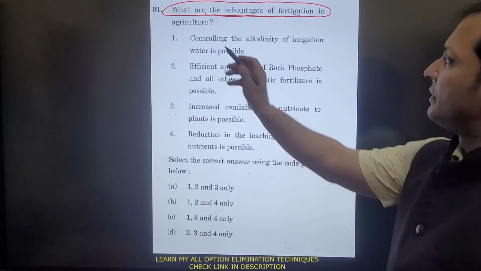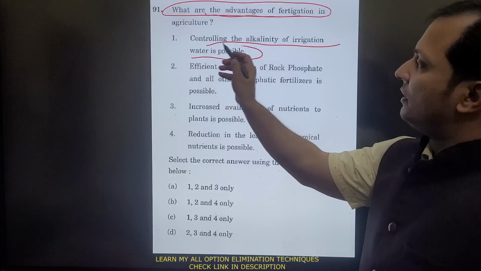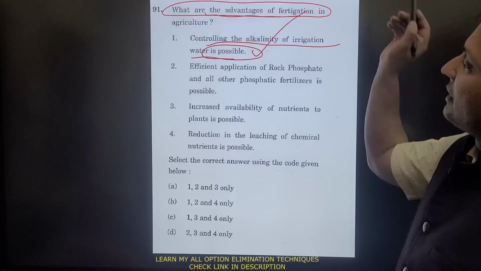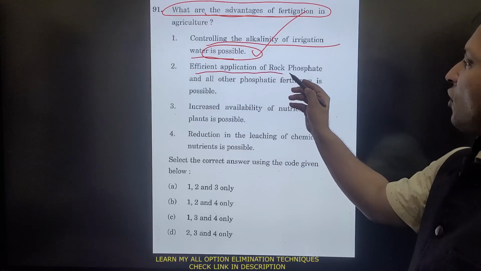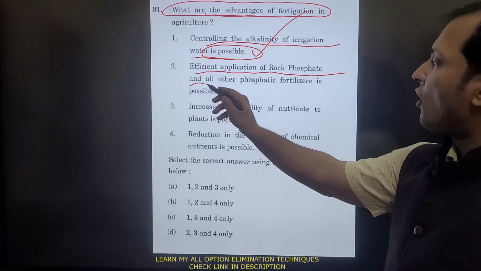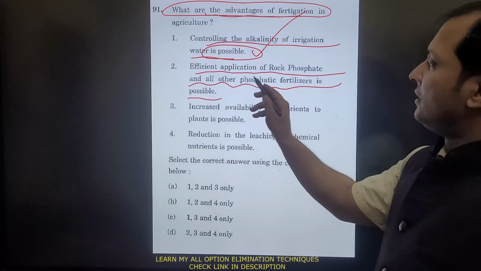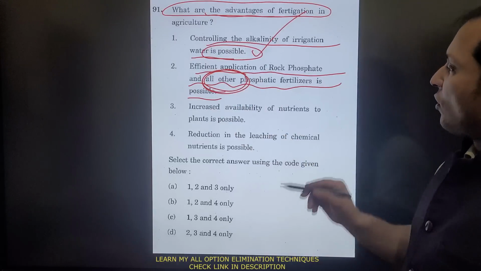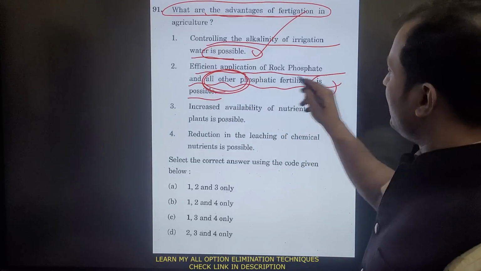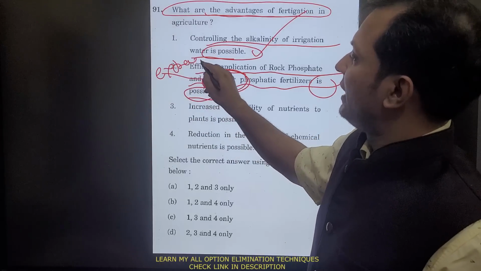Let us read these statements. Controlling alkalinity of irrigation water is possible. Wherever 'is possible' is there, generally that statement is correct. Second, efficient application of rock phosphates and all other phosphatic fertilizers is possible. Here you see 'all other phosphatic fertilizers'. Although here also 'is possible' is there, there is an extreme word mentioned here, so we can eliminate this.